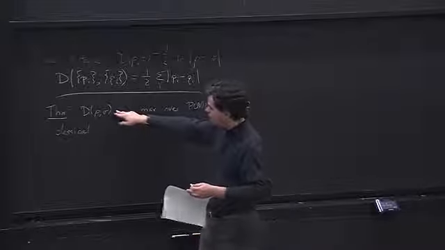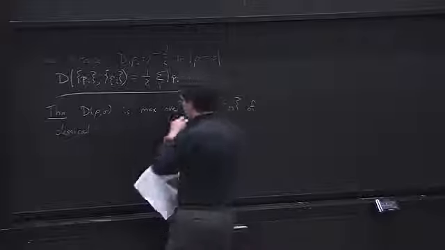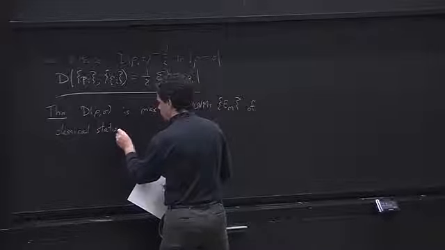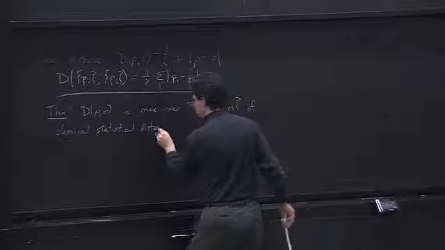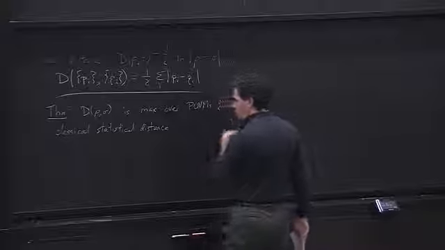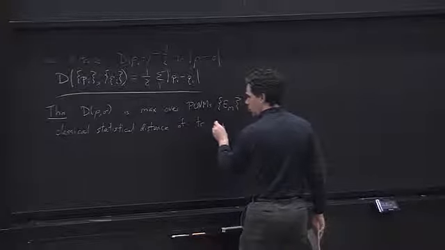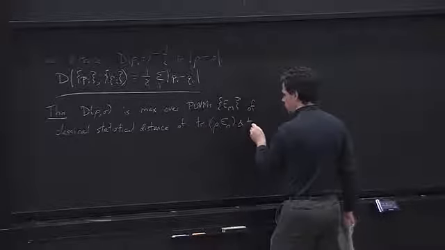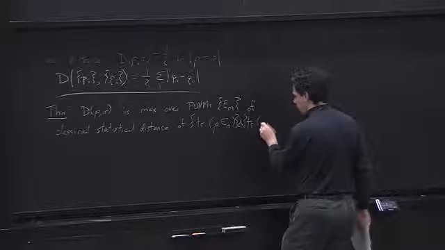And this quantum trace distance is equal to the maximum over POVMs of the classical statistical distance between those output probability distributions. So what are they? They're trace rho E_m, which is some probability distribution, and trace sigma E_m.